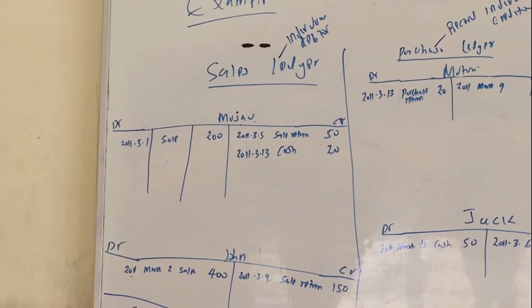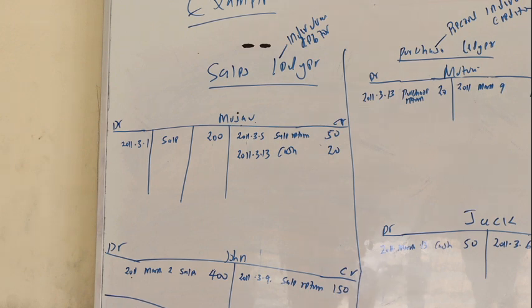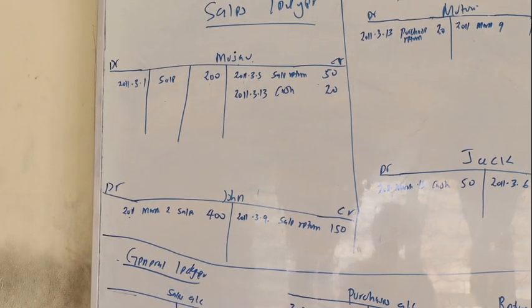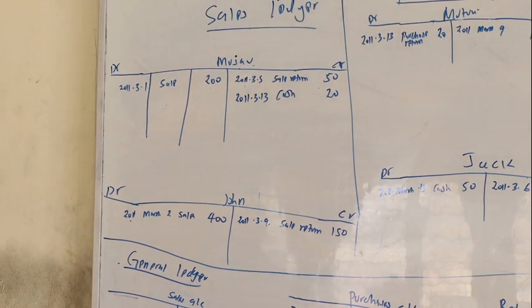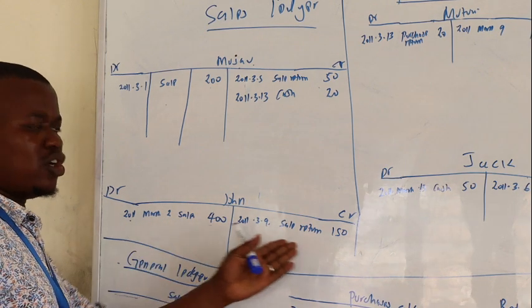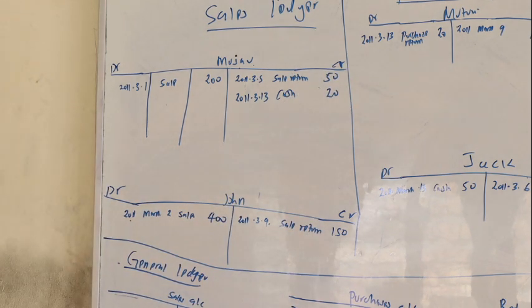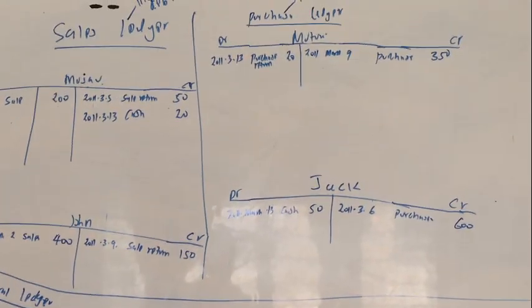So Musau is a debtor. Musau purchased. So on debtors we debit. Then we have what we call John. John purchased, John returned.